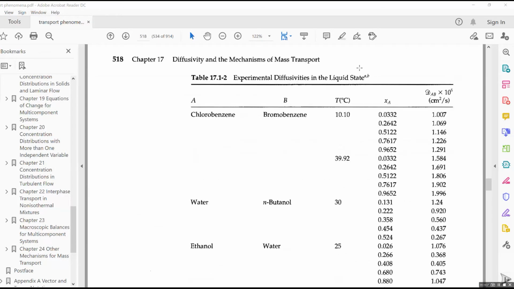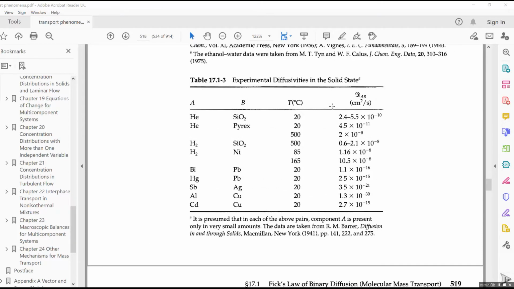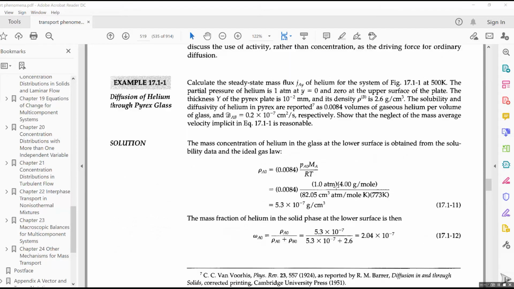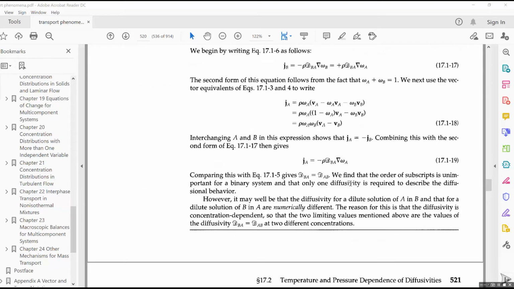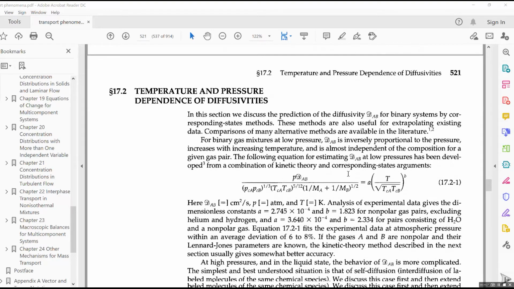Later it gives experimental diffusivities in the liquid state for binary mixtures, and experimental diffusivities in solid states, for example helium inside some solids, and the diffusivity is given by these experimental results. In the literature, you can find binary diffusivities of many species and many mixtures.